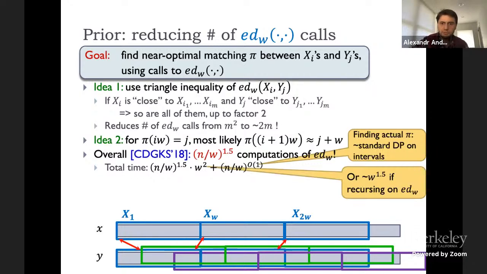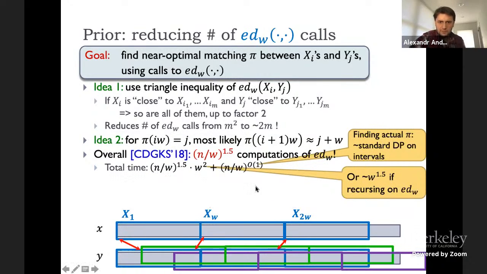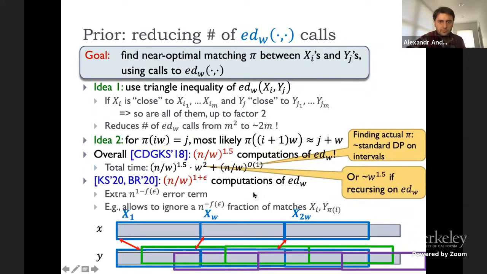Of course, you can say we can now do this recursively, in particular for strings of length w, instead of the standard exact algorithm, we replace it with our approximation algorithm, so let's say w to 1.5 if recursing, and so forth. But this doesn't quite give the n to 1.5 algorithm, in particular because of the second part, but it's close.